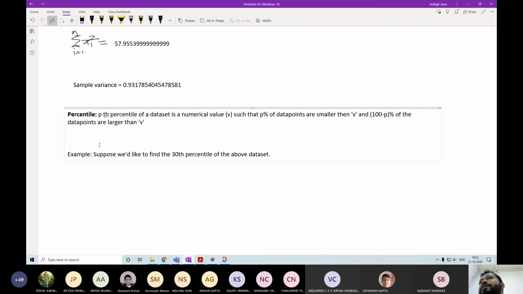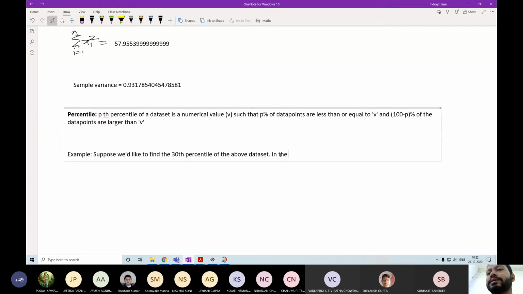Which means that we would like to figure out a value v such that 30% of the data points are less than or equal to v, and 70% are bigger than v.